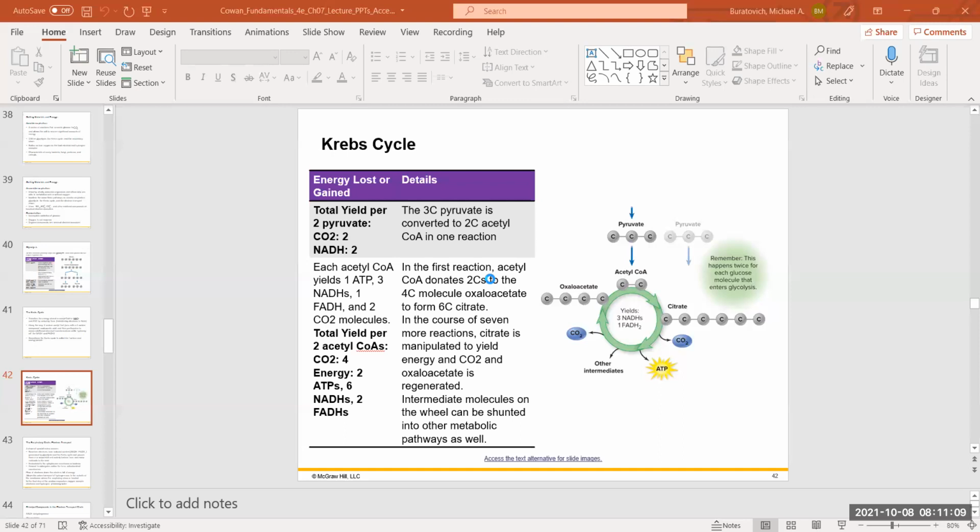For an electron transport chain to work, you need three main things. First thing you need is a cell membrane, because the components of the electron transport system are embedded in the cell membrane.